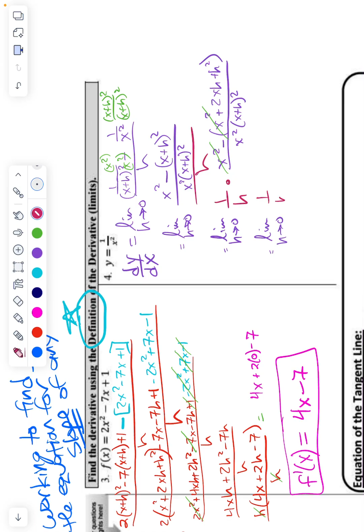Don't forget your 1 over h out front. And don't forget that these are negative. Okay, now what?